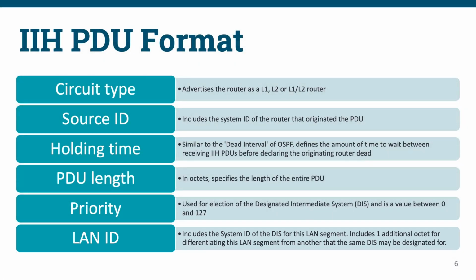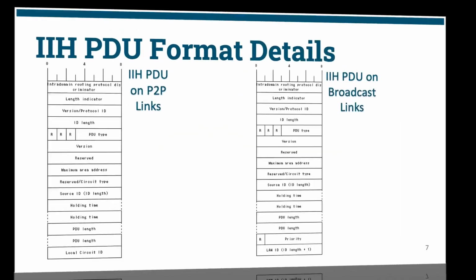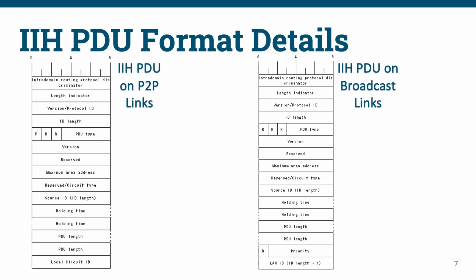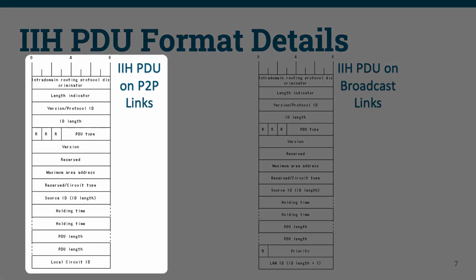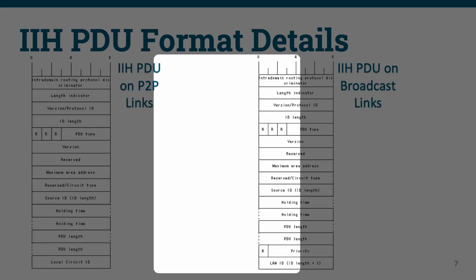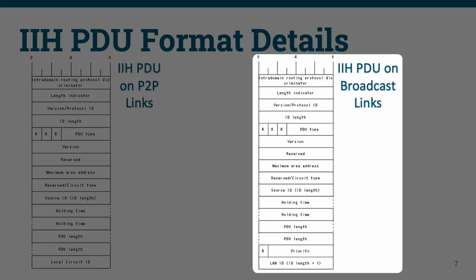Let's now take a look at the bit field format of the IIH PDU. As we mentioned in a previous slide, there is a different IIH PDU depending on whether the link the originating router is transmitting the PDU on is a broadcast link or a point-to-point link. On the left here, we have the frame format of a point-to-point IIH PDU, and on the right, the broadcast format.